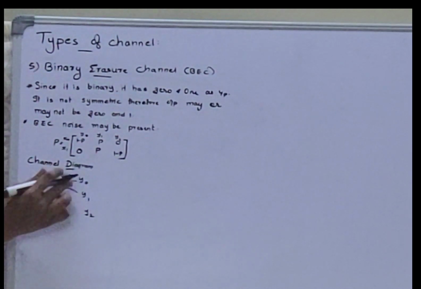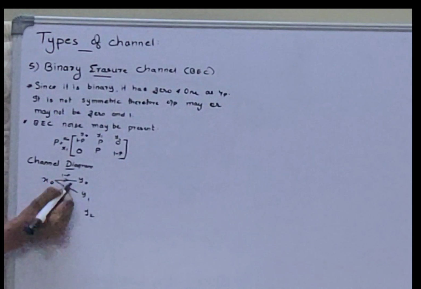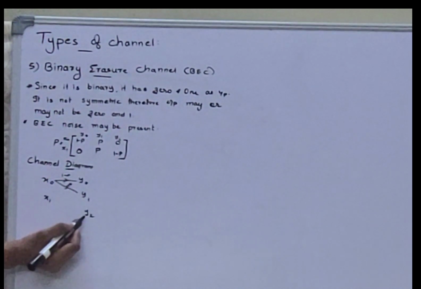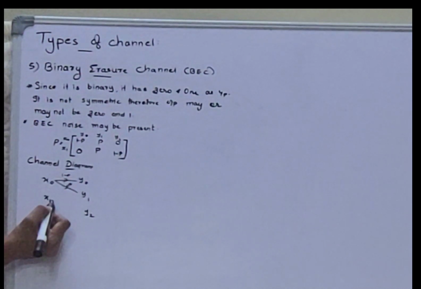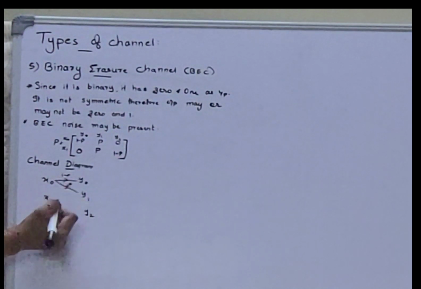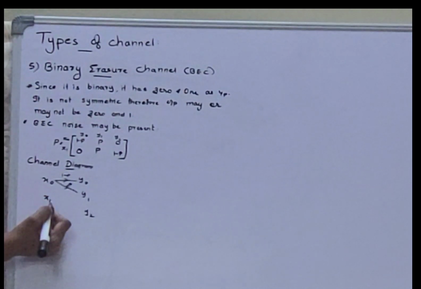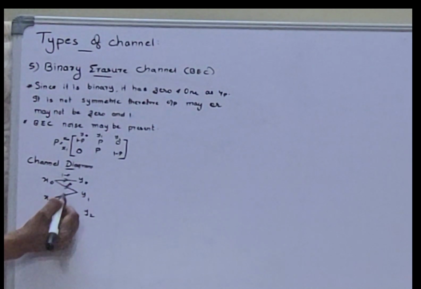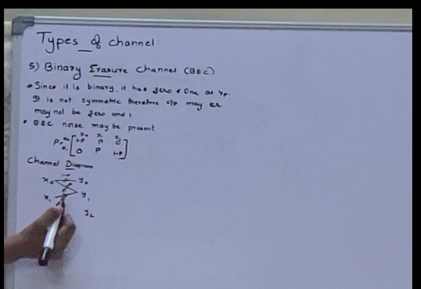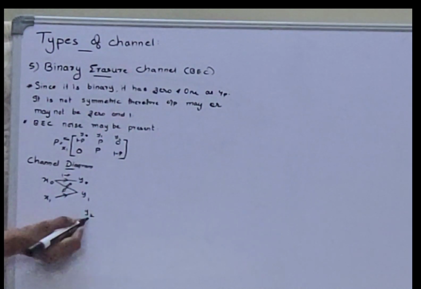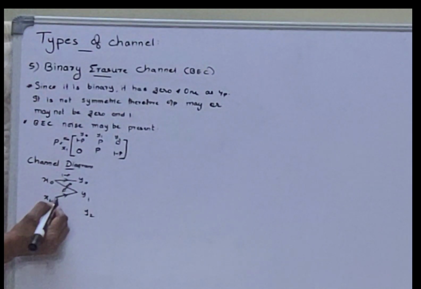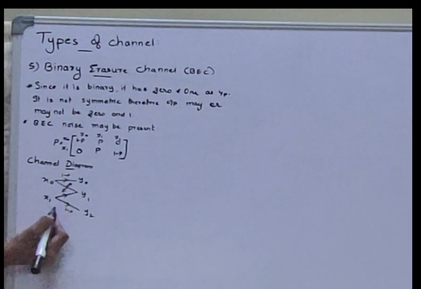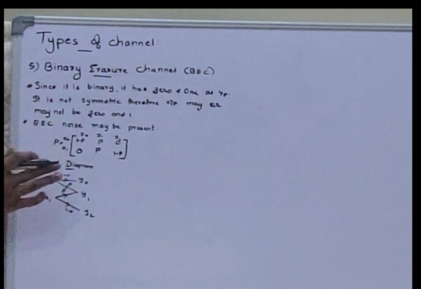If x0 is transmitted, the probability of getting y2 is 0. If x1 is transmitted, the probability of getting y0 is 0, the probability of getting y1 is p, and the probability of getting y2 is 1 minus p. So this is the channel diagram of the binary erasure channel.